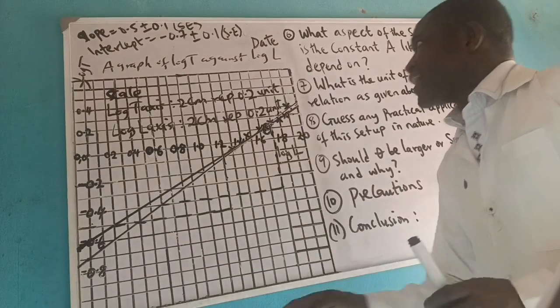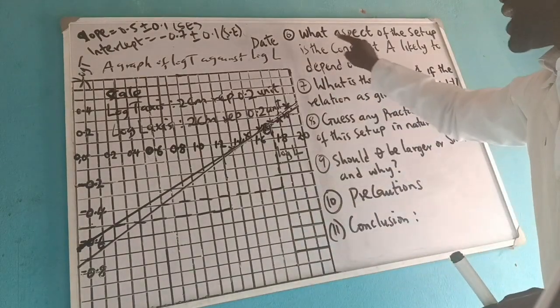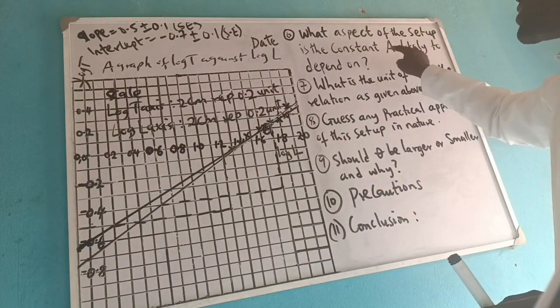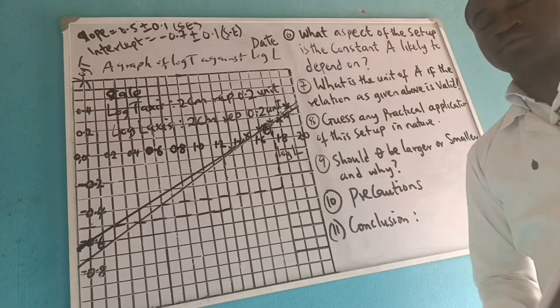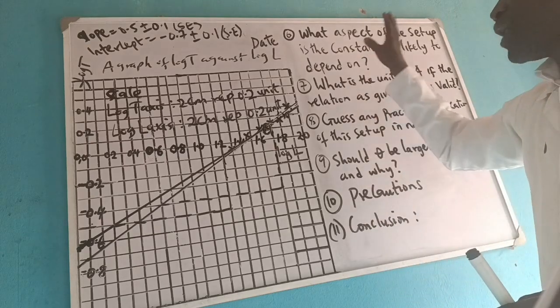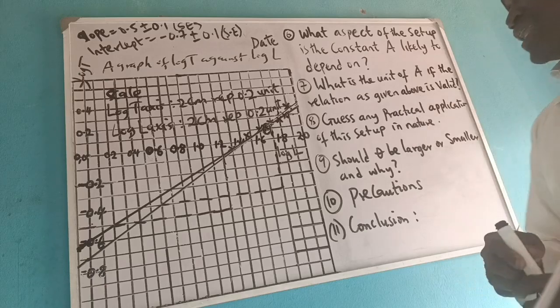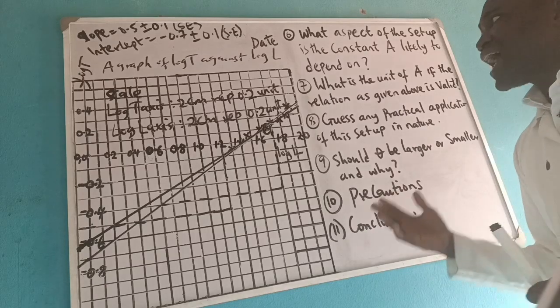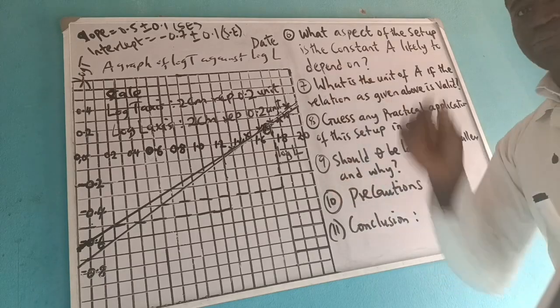To answer question number 6, what aspect of the setup is the constant A likely to depend on? As we are about to answer this question, have in mind that we can answer a lot of questions from this experiment.